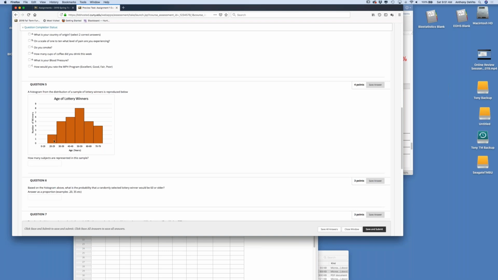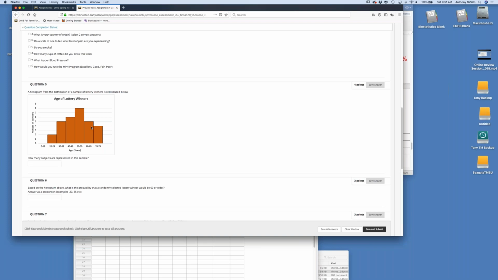We can see that there are 2 people in that age group. If we wanted to know how many people were here altogether, we could simply add up. There's 2 people, 5 people, 7, 6 is 13, and 8 is 21, and 5 is 26, and 4 is 30. So there's 30 people described in this histogram, right?